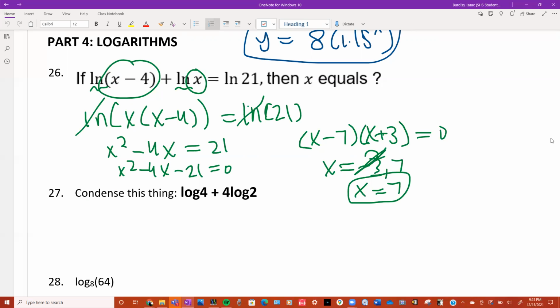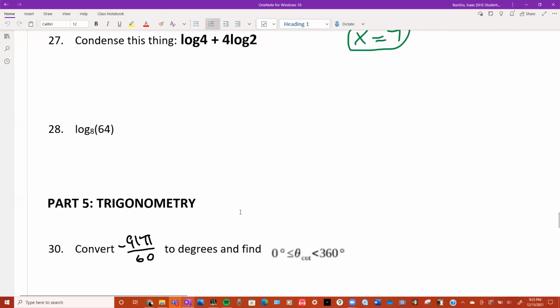All right, condense this thing. How do you do that? Well, that's the same thing as what we kind of just did. You multiply them, but remember, whenever you have a coefficient, you make that the power of the argument. So 2 to the 4th is what that is.